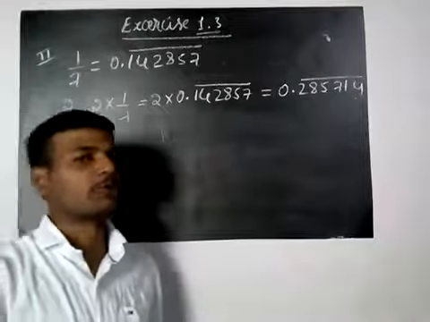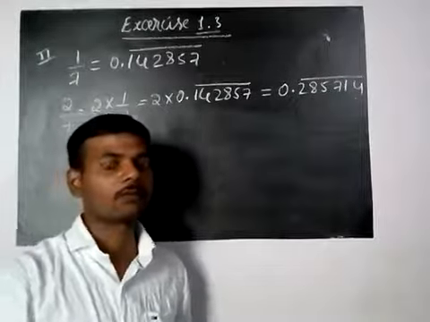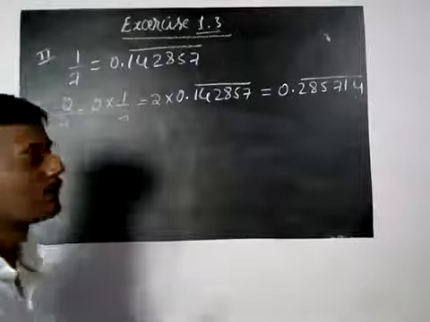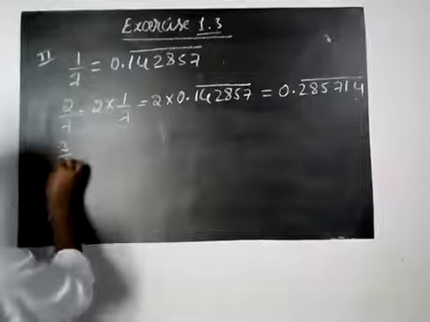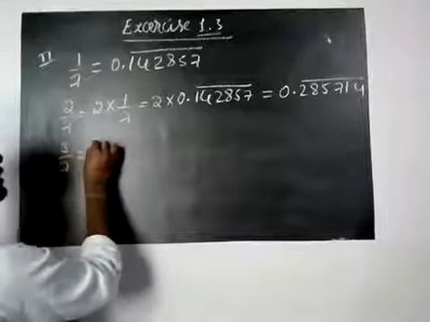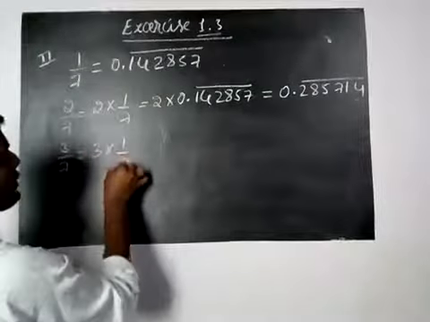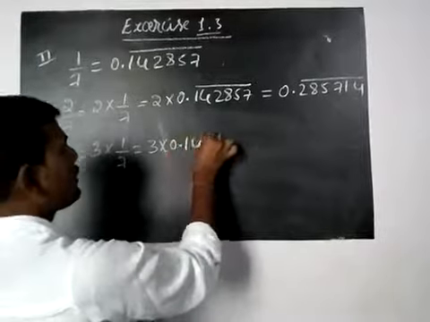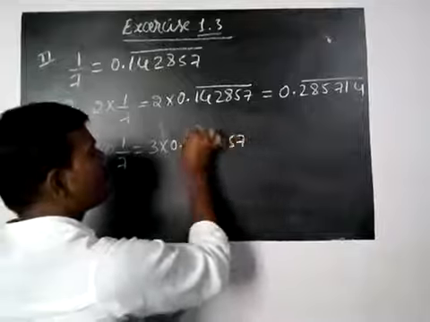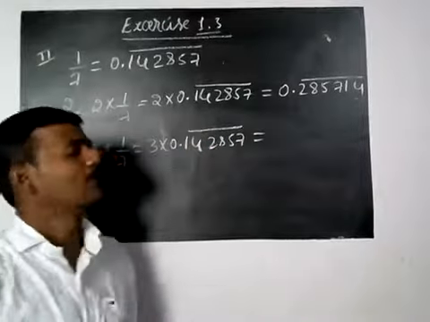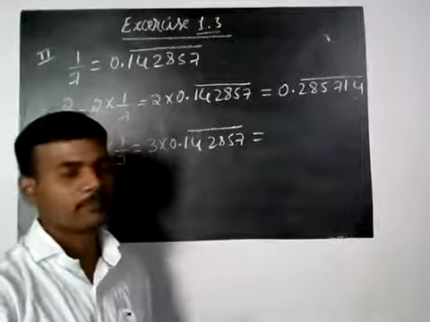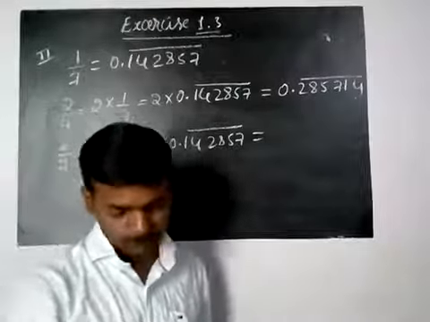We may check it by doing the division process after expressing all of these. Next, 3 by 7. 3 by 7 can be written as 3 into 1 by 7, so it is 3 into 0.142857 bar. Multiply 3 into 0.142857. What will we have?